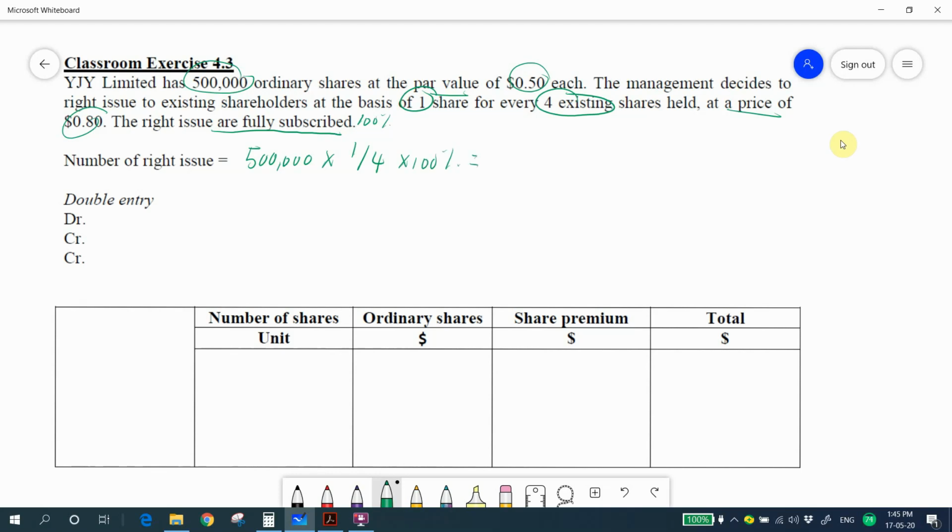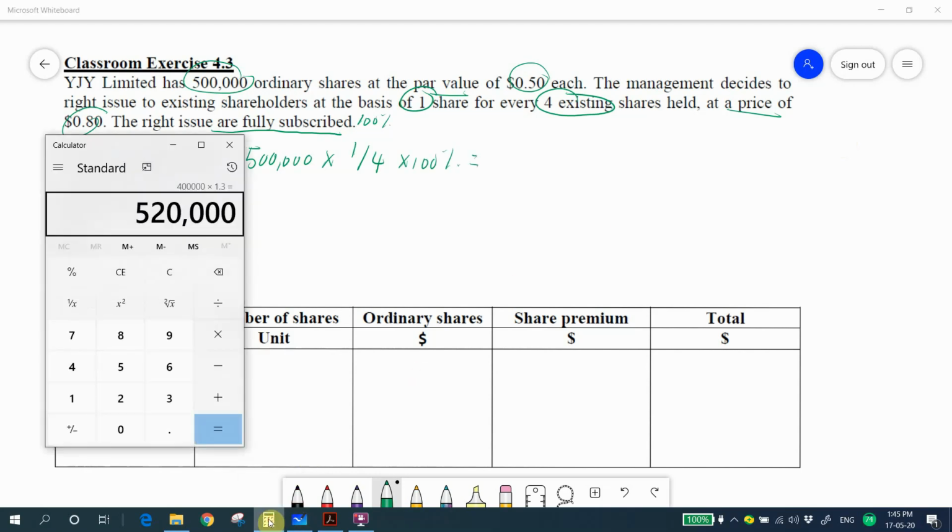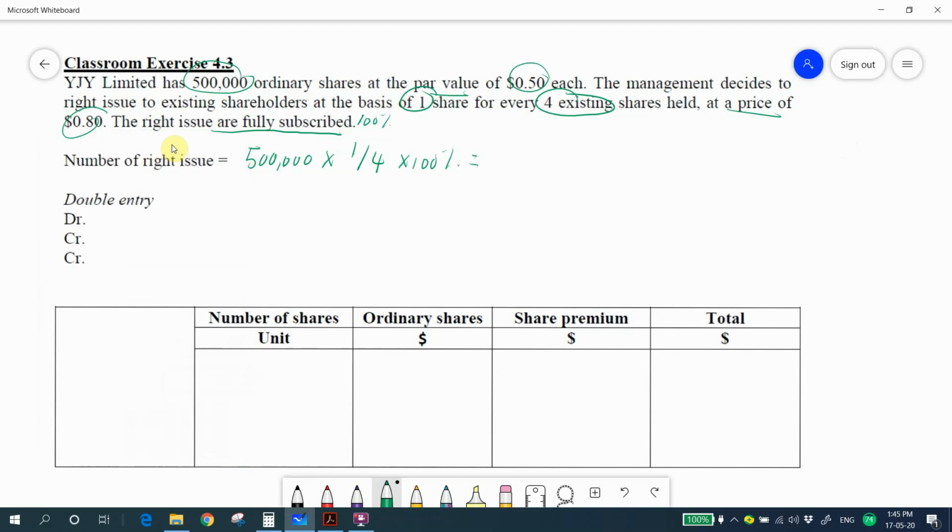So the number of shares is 500,000 divided by 4, which is 125,000. It means that the number of rights shares is 125,000. After you know how many rights shares there are, we have to calculate the accounting entry.